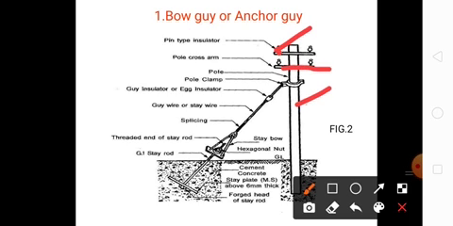Here this is the pole, and it is the pole clamp. Here this is the guy insulator. From this to this there is no power connection. So that is the power insulator, and this is the guy insulator. Here it is the guy wire, and this is the stay rod. Here it is the pitch.